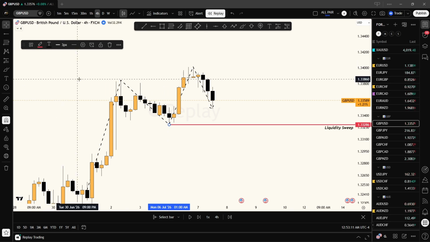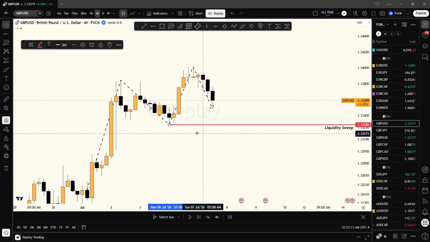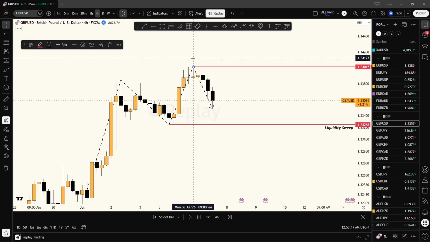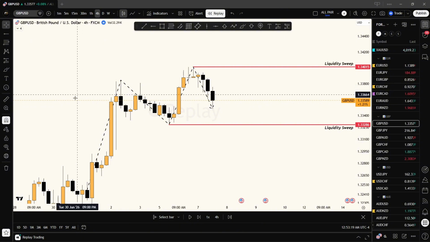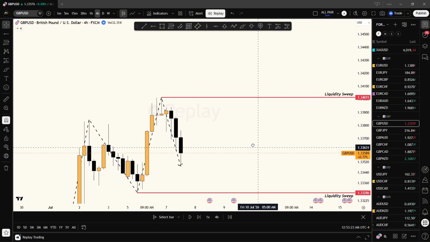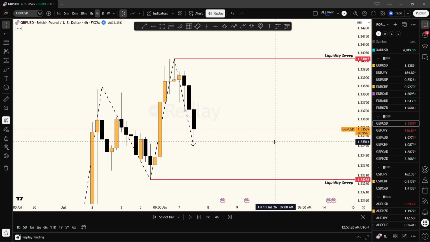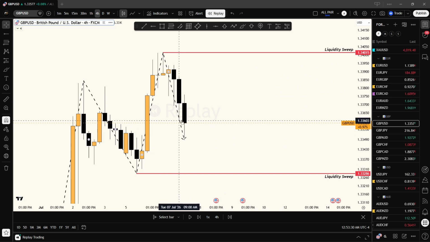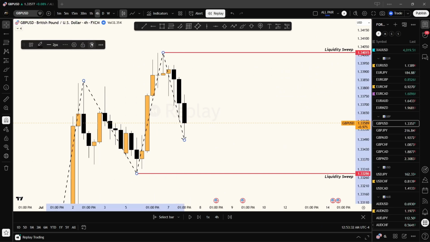Sell-side liquidity is sitting right below this level, and that means there are stop losses resting down there. And the market knows that. And this is our buy-side liquidity area. This is where liquidity builds above the highs, making it a common target for smart money before the market makes its next move, because that's where many buy stop orders, stop losses of short sellers, and breakout entries are placed.